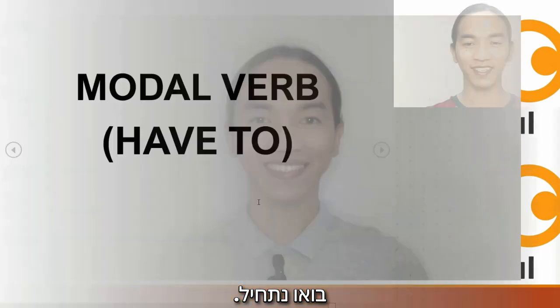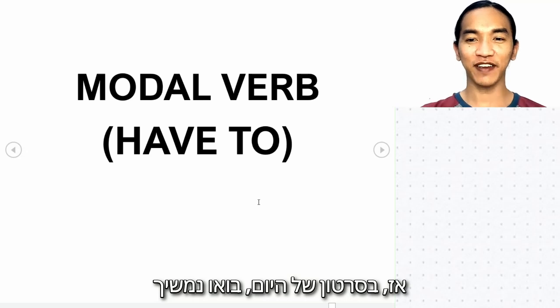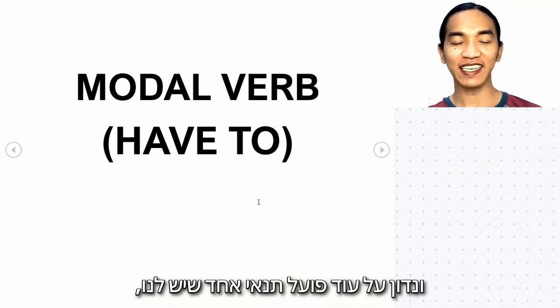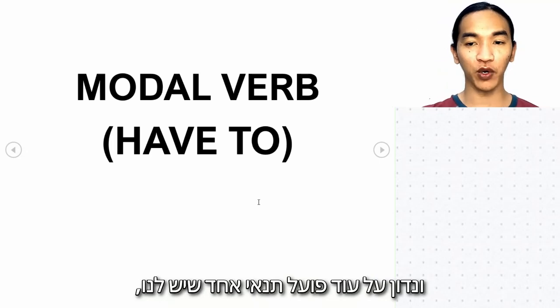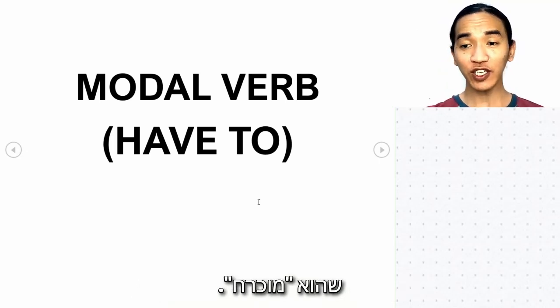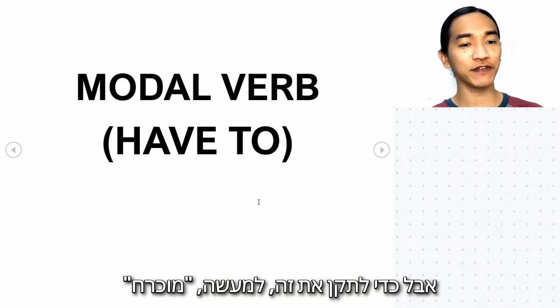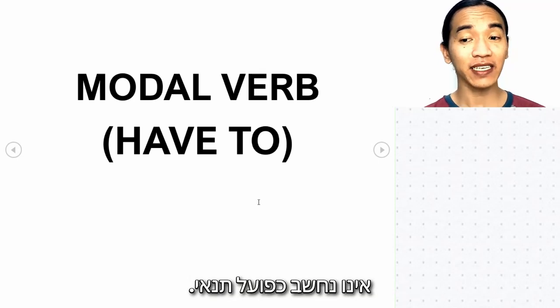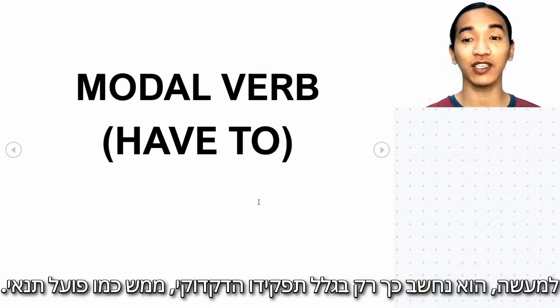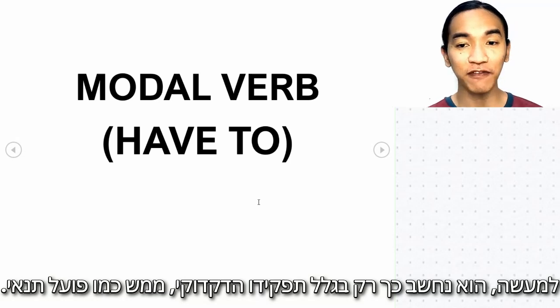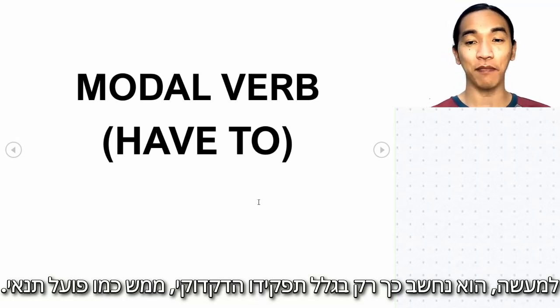Let's go. So, for today's video, let's go ahead and discuss one more modal verb that we have, which is have to. But to correct it, actually have to is not considered a modal verb. In fact, it is just considered one because of its grammatical function, just like a modal verb.